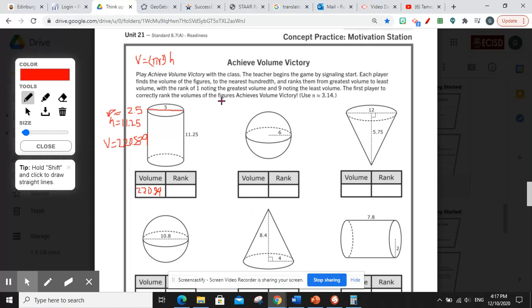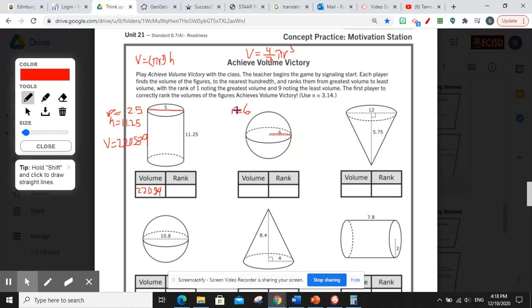Here I have a sphere. So for a sphere, I'm going to use V equals 4 over 3 pi r cubed, to the third power. So I need to figure out my radius here. Well, my radius is 6 because it's only halfway from the center to the end. So that's my radius.